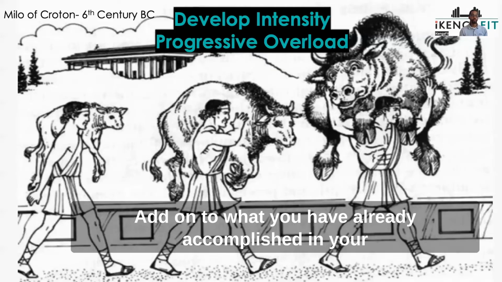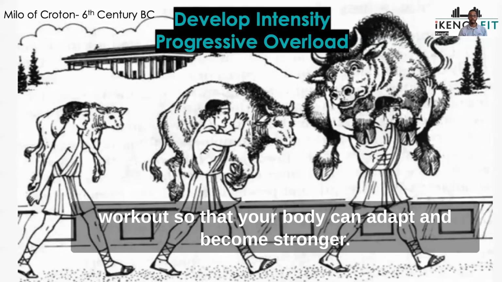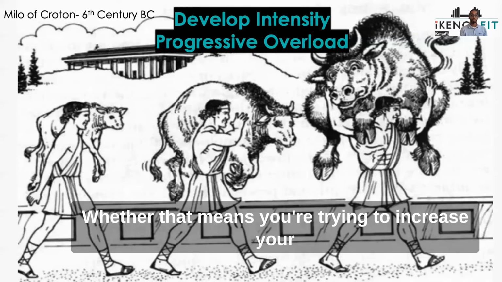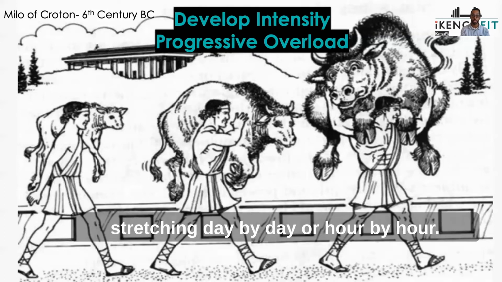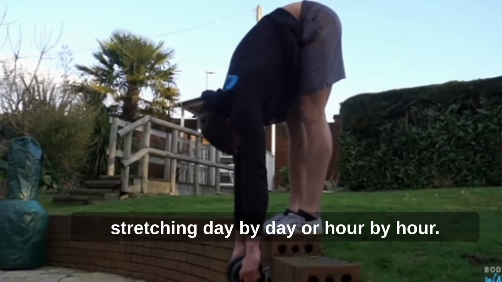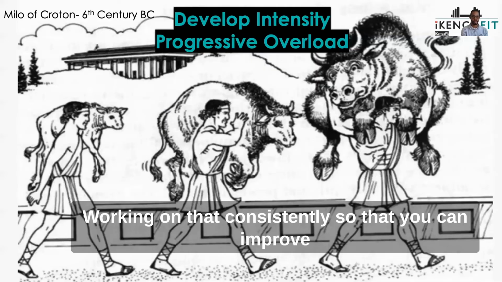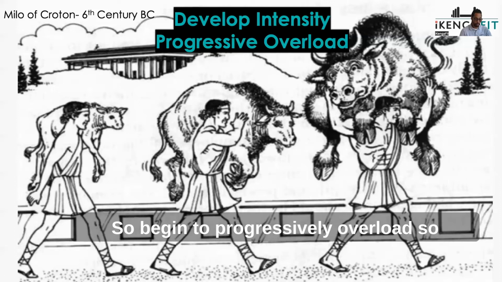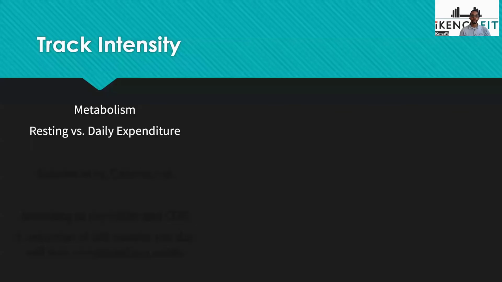Add on to what you have already accomplished in your workout so that your body can adapt and become stronger and or faster and or more flexible, whether that means trying to increase your stretching day by day or hour by hour, working on that consistently so that you can improve all aspects of the types of workouts. So begin to progressively overload so that you can develop your intensity.